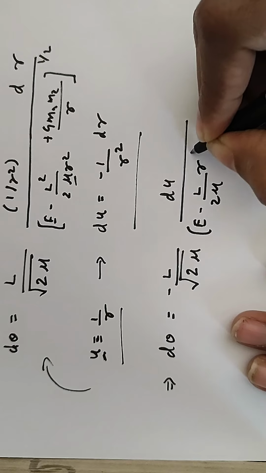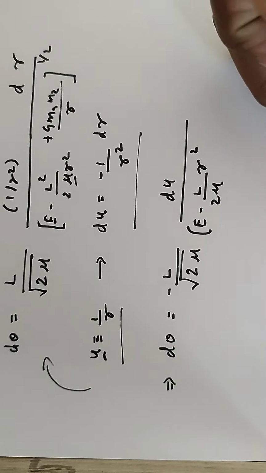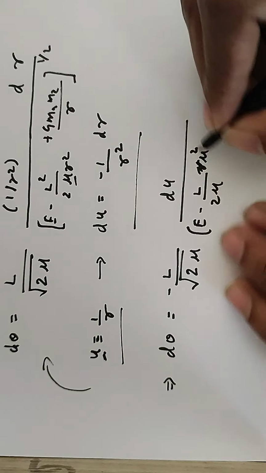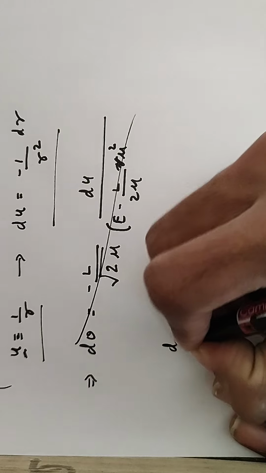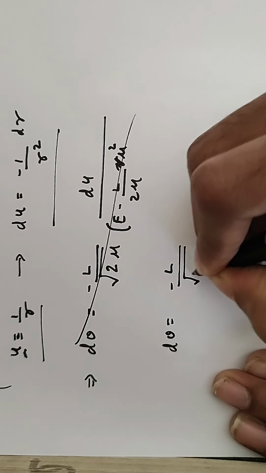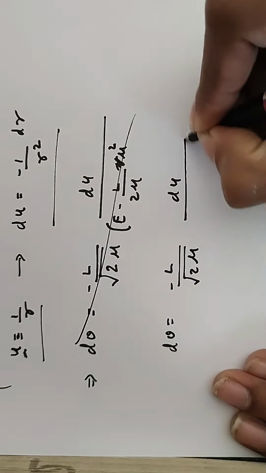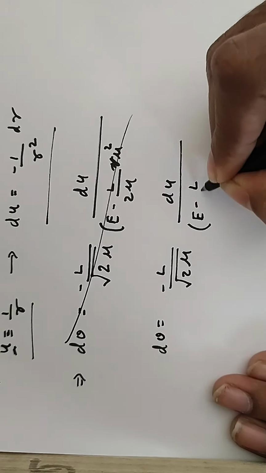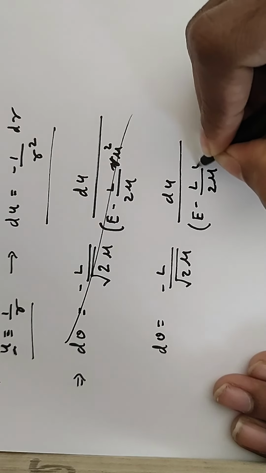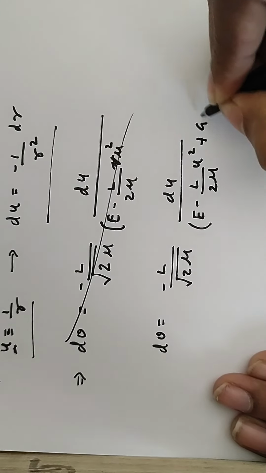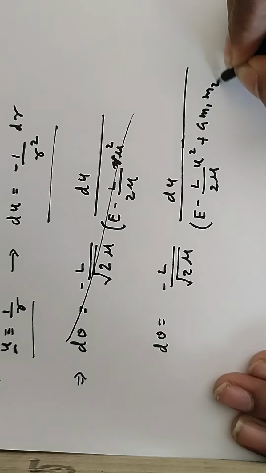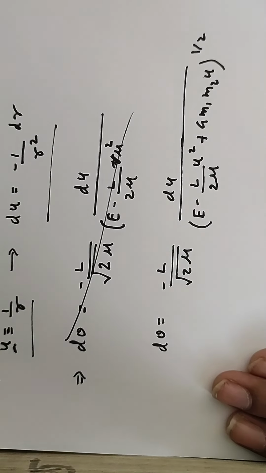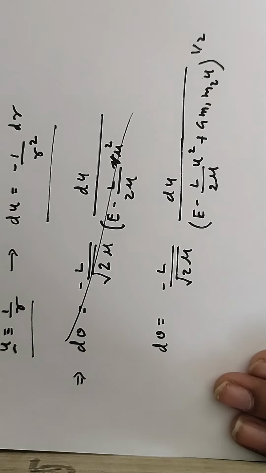I keep this as r square for now. Okay, I'm sorry, I'll rewrite this. Minus L upon under root 2 mu d of u. This is u. This is E minus L square upon 2 mu u square plus G m1 m2 u. Okay, that's it.